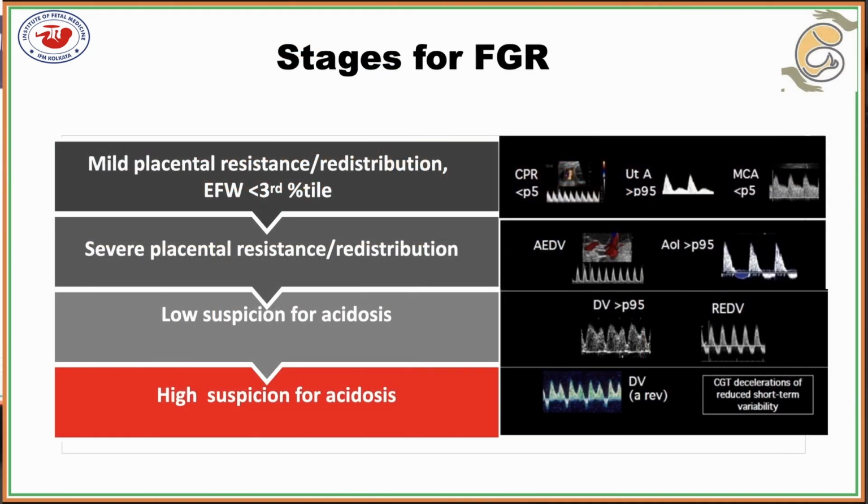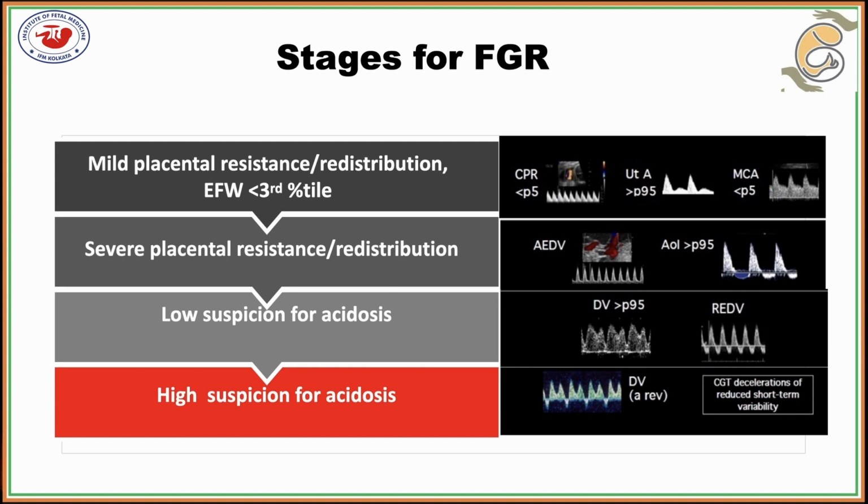Now, stages of FGR. There are 4 stages. Number 1 is mild placental disease or mild placental resistance, where you will see high resistance flow in the umbilical artery and the middle cerebral artery will show redistribution. CPR will be abnormal, uterine also abnormal.